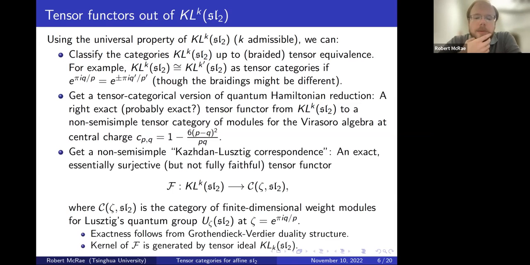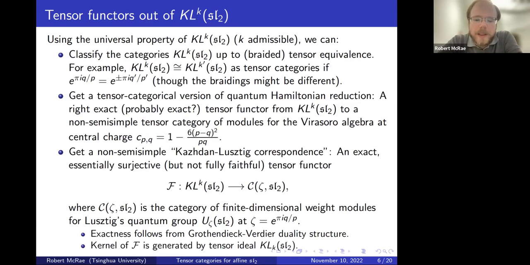And then maybe the most interesting example is what I call a non-semi-simple Kazhdan-Lusztig correspondence, which is an essentially surjective, but not fully faithful tensor functor from KLK to the quantum group category at this root of unity e to the pi i q over p.